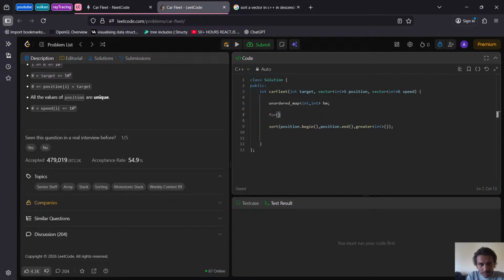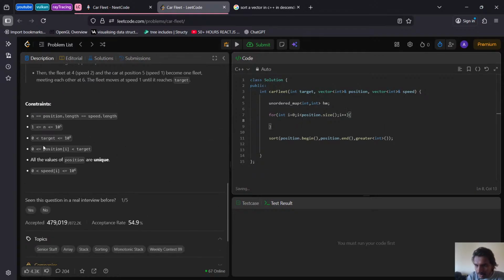Let's do for int i equal to 0, i less than position.size, i plus plus. If you see the constraints, all the positions are unique.